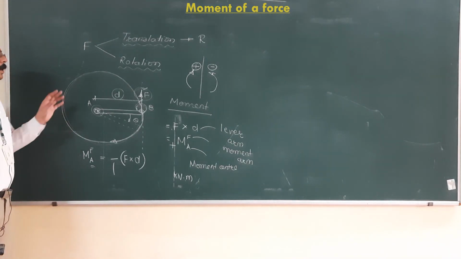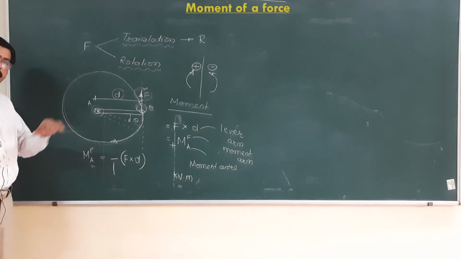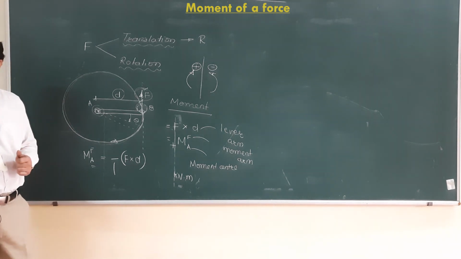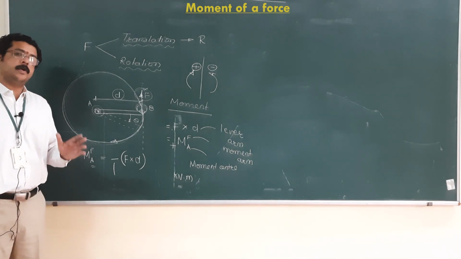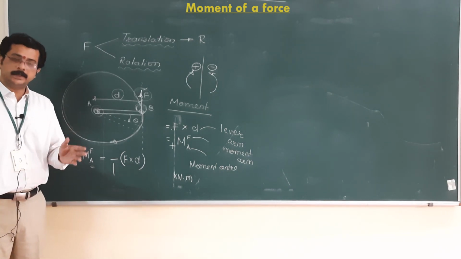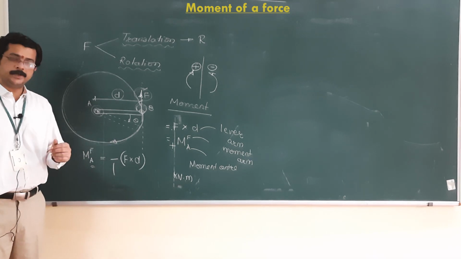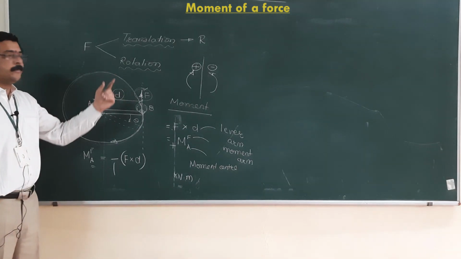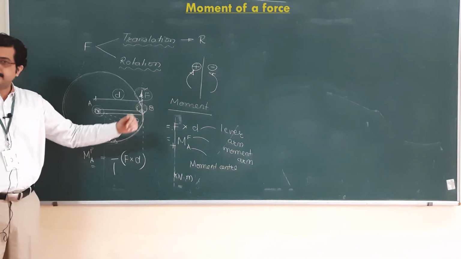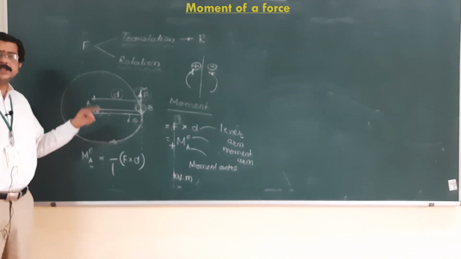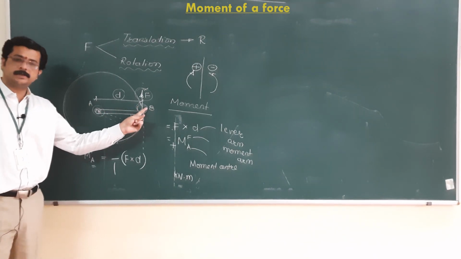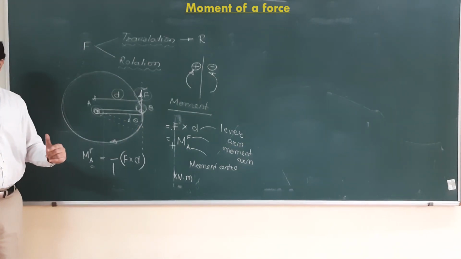Alright. So this is the introductory part of moment of a force. Let us revise. Force will have an external effect which can be translation or rotation. Translational effect is taken care of by finding the resultant, its direction and its point of application, whereas rotational effect is quantified with the help of moment. What is meant by moment? Moment is nothing but the rotational effect produced by that force, which is quantified as the magnitude of the force multiplied by the perpendicular distance.